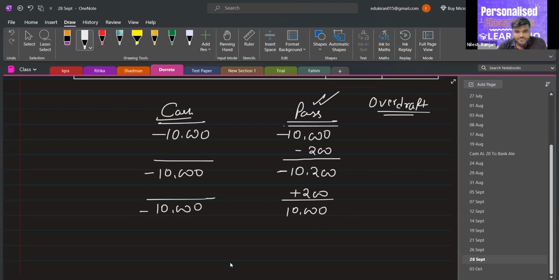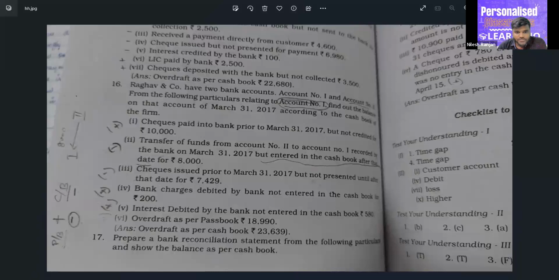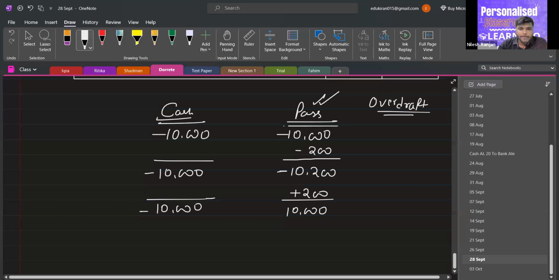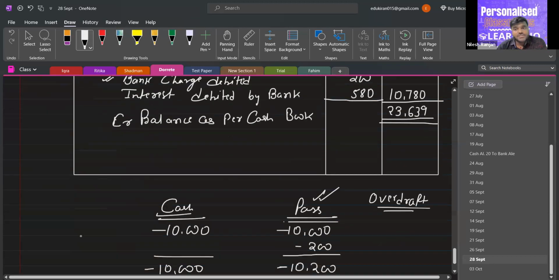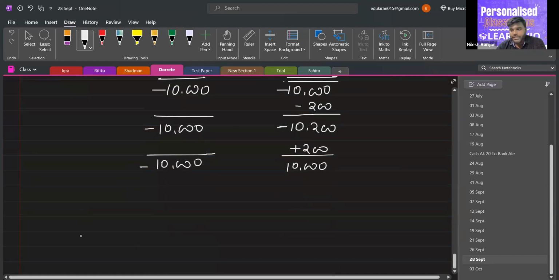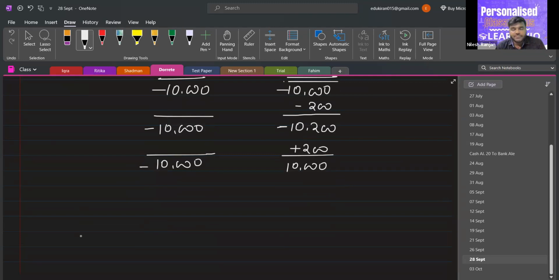So that's what we are doing here, bank charge, because the balance is negative. Okay, so whatever impact we think, the impact will be just the opposite.